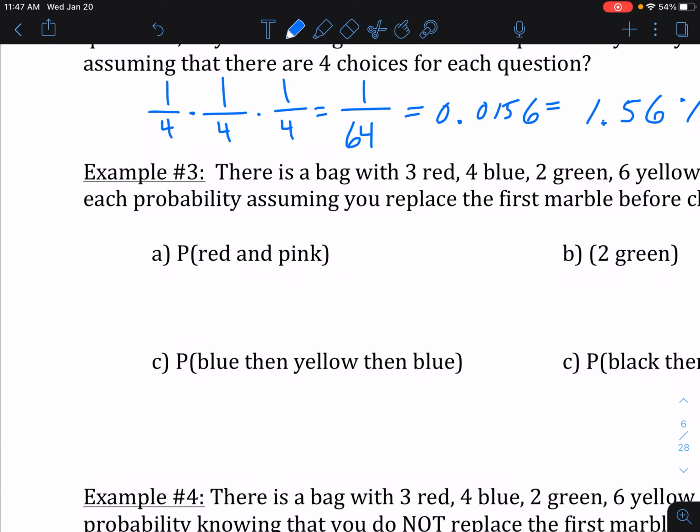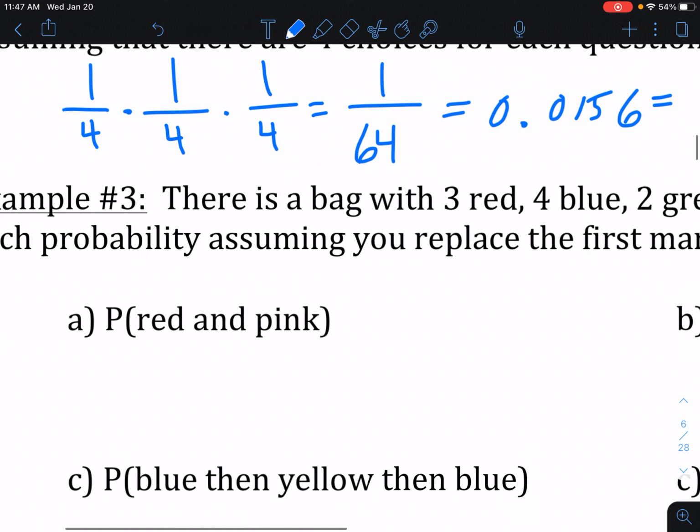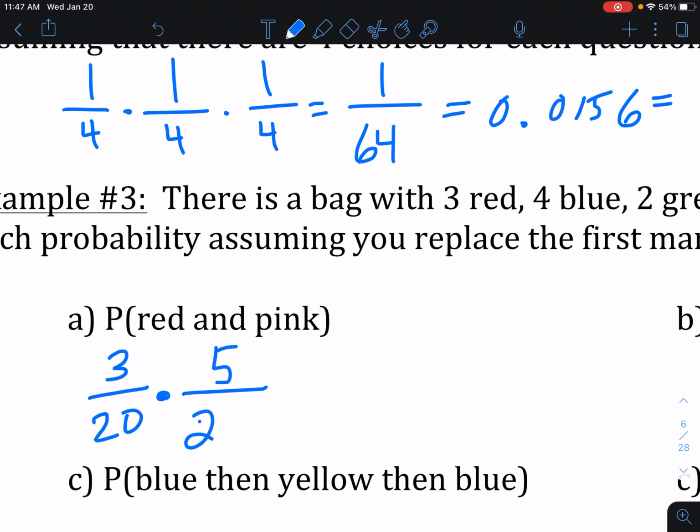The first one, A, asks what's the probability of getting a red and then a pink. So the red would be 3 out of 20. Then you put it back and you start over again with the pink. There are 5 pink out of 20 total. Then you can multiply those 2 together.